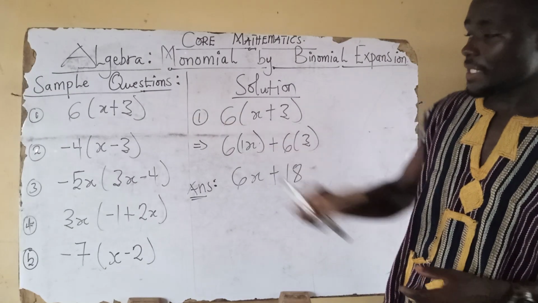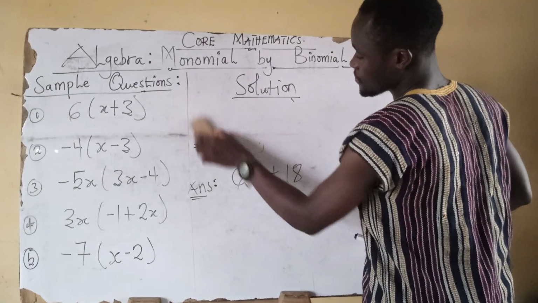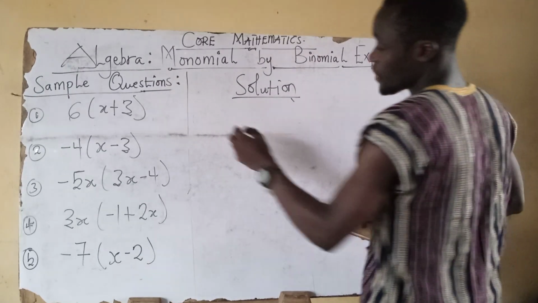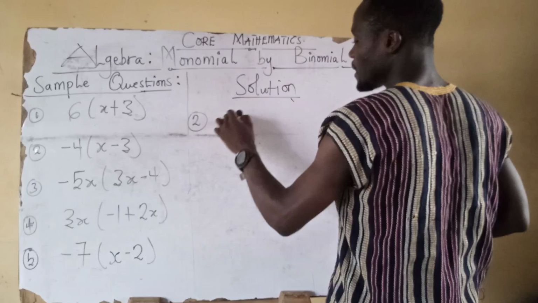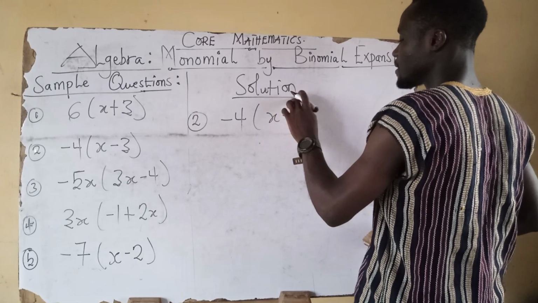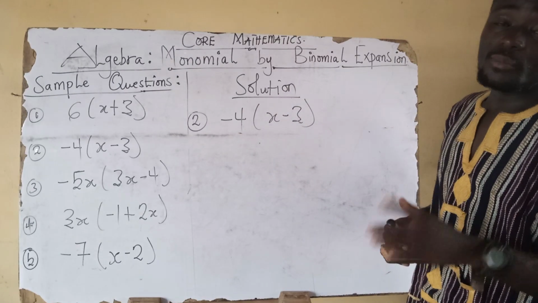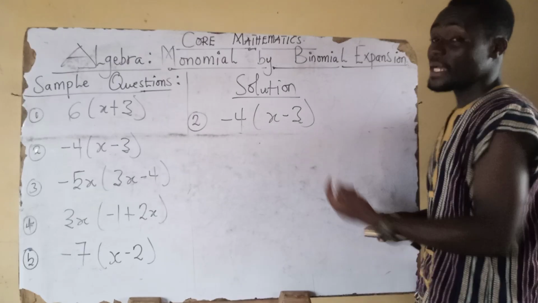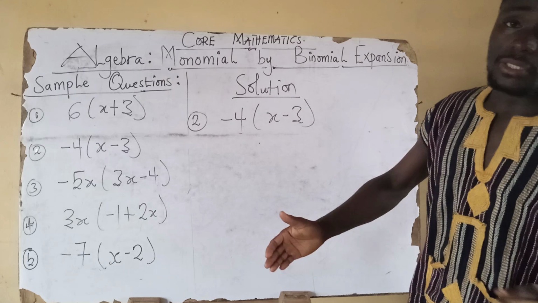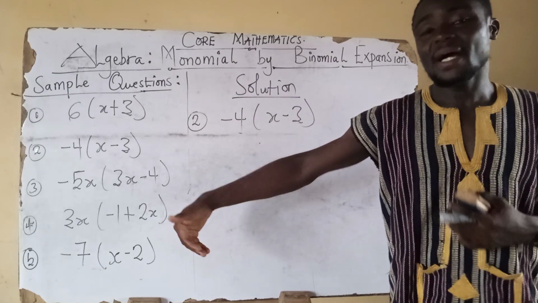Quickly, let's dive into question number 2. So in question number 2, I have -4 in a bracket x minus 3. This time around we have a monomial, one term, expanding a binomial. Remember I said we are tackling problems involving expansion where monomials multiply or expand binomials.